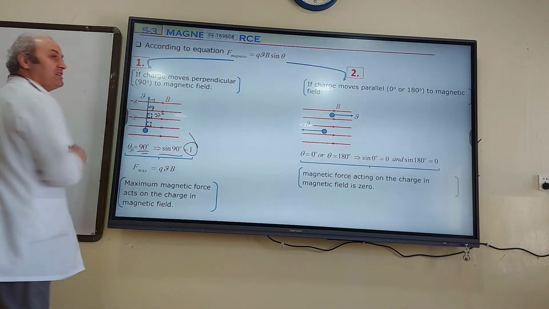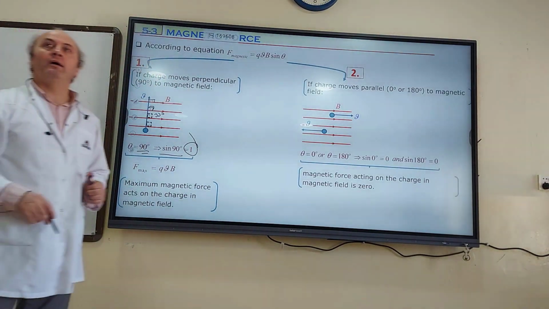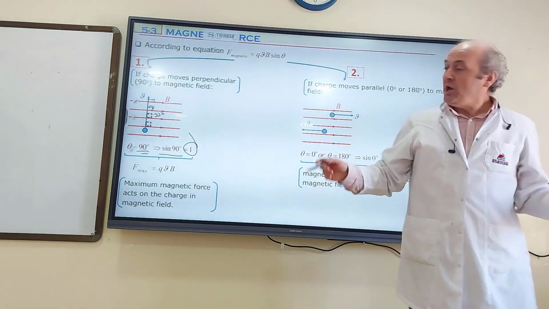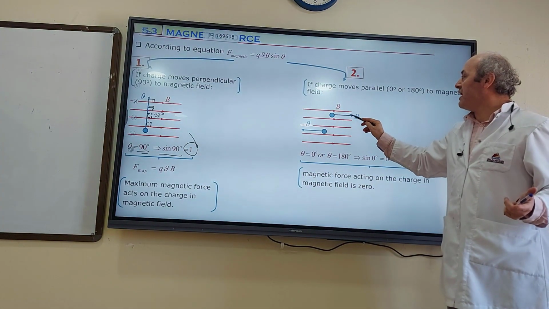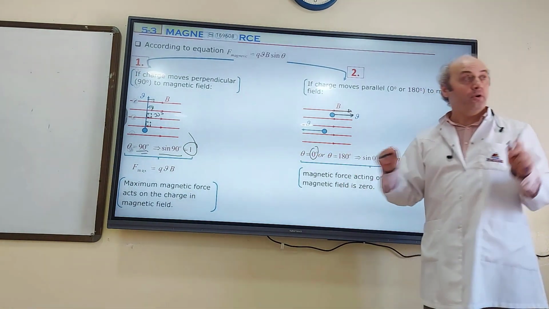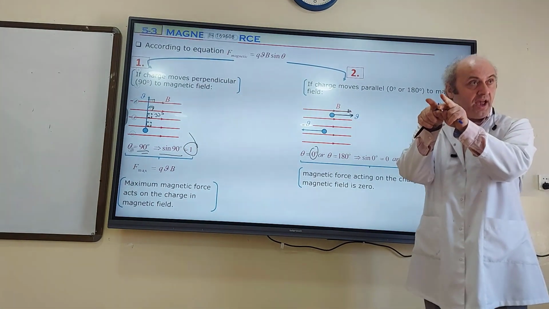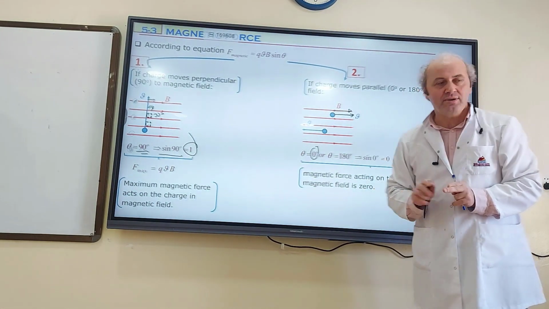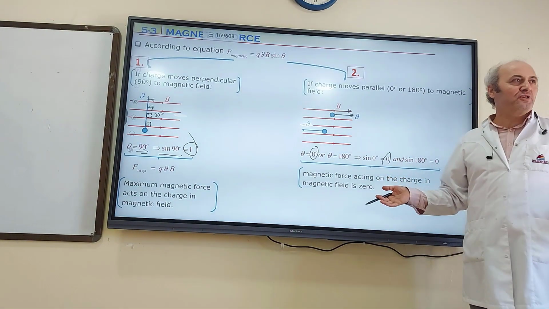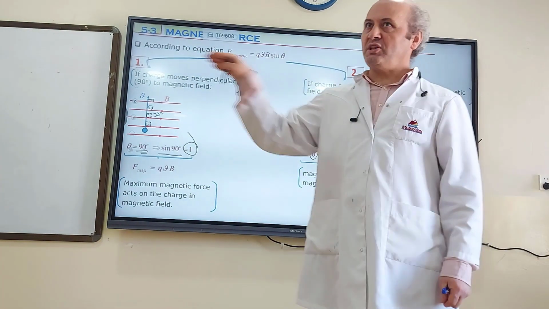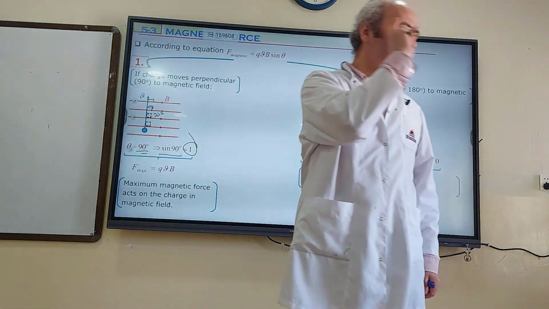What if the charged particle is moving parallel? Parallel means in the same direction or in the opposite direction. If the particle's velocity and B are in the same direction, the angle between them is 0. Same directed vectors, the angle between them is 0. Sine 0 is 0. In this case, if a particle moves in the same direction as the magnetic field, the magnetic force is 0.